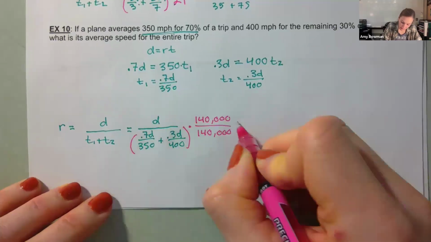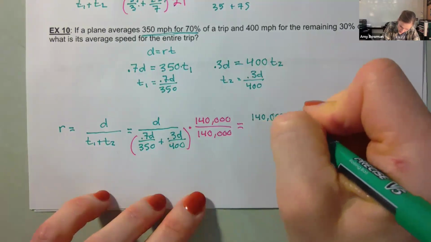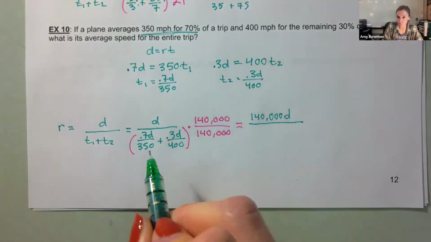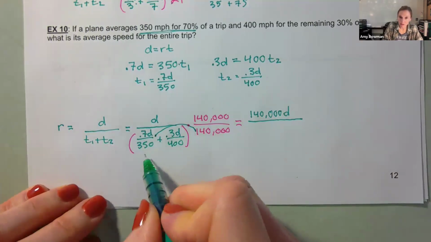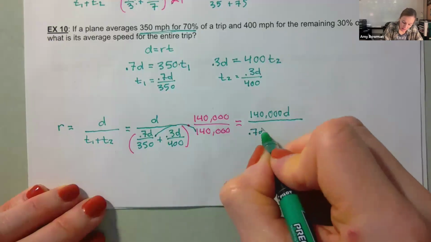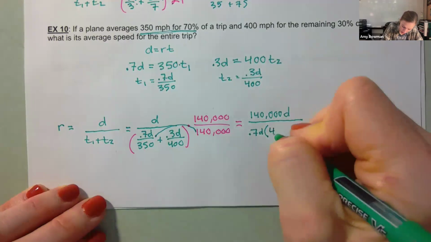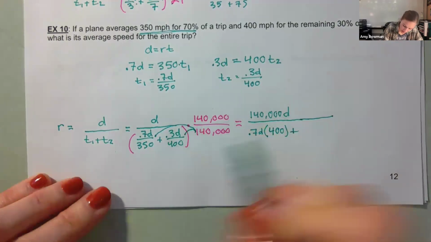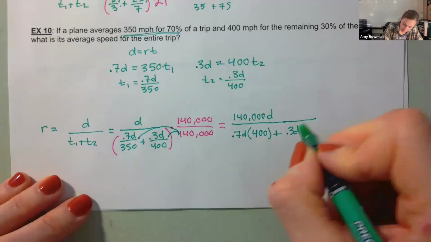Obviously, in the numerator, we are just left with 140,000 times D. In the denominator, because 140,000 is the exact product of 350 and 400, when I multiply this by 0.7 D over 350, the 350 will cancel out, and I'll be left with 0.7 D times 400, plus, when I multiply 140,000 by 0.3 D over 400, the 400 cancels and simplifies to 350.